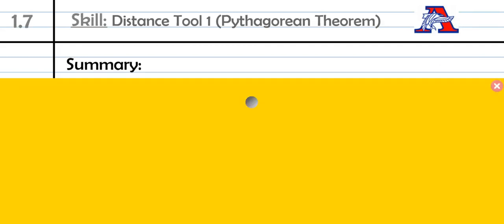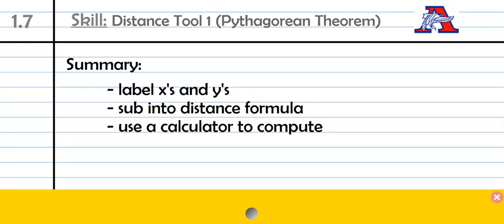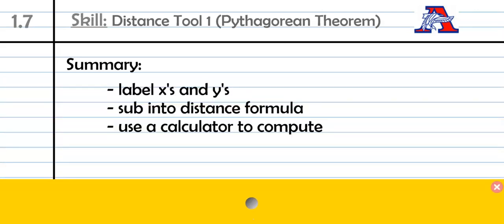Alrighty, so in summary here, label your x's and y's, okay? x1, y1, x2, y2. Take those, substitute them into the distance formula. Keep that distance formula handy. I'm not going to make you memorize it. I think you probably eventually will just because you're going to be using it a lot, but keep that handy so that you can refer back to it.